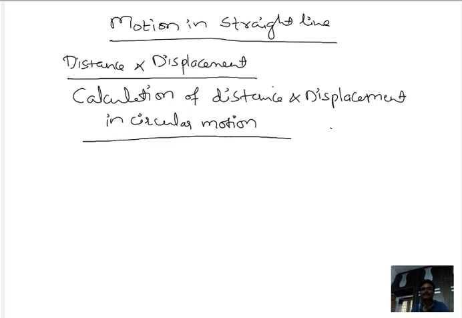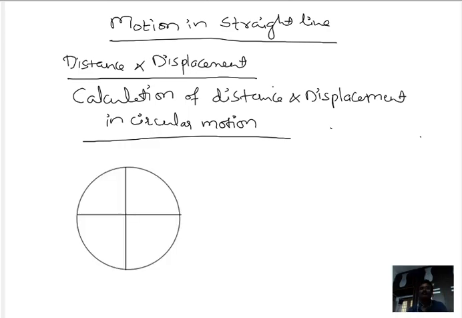Consider a body moving on a circle of radius r. So in this case, you can see this is a circle of radius r. A body moves from point A, goes along this circumference A, B, C, D, and back to A. This is the center O.